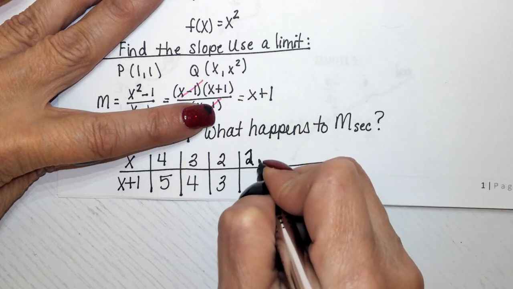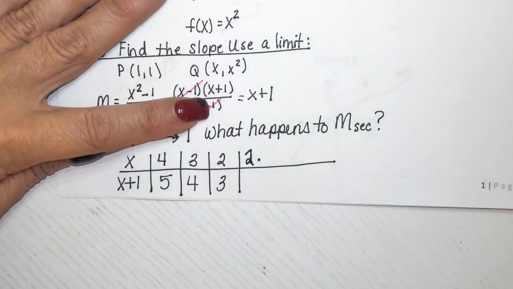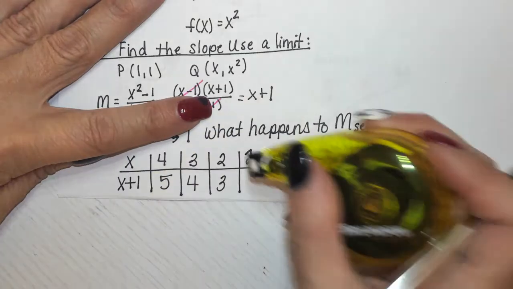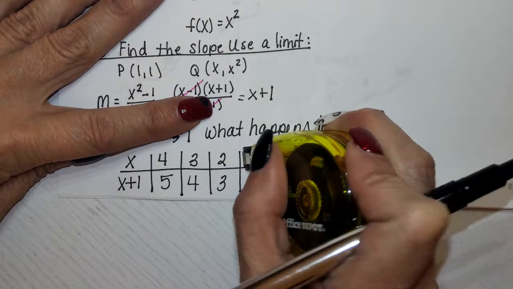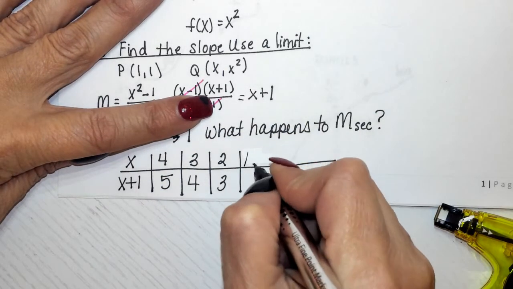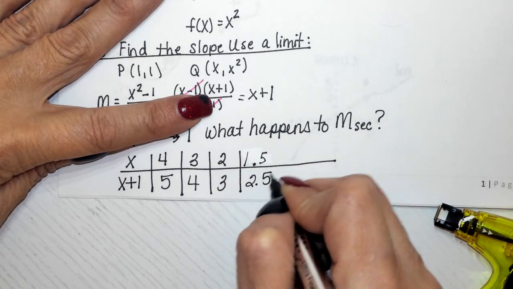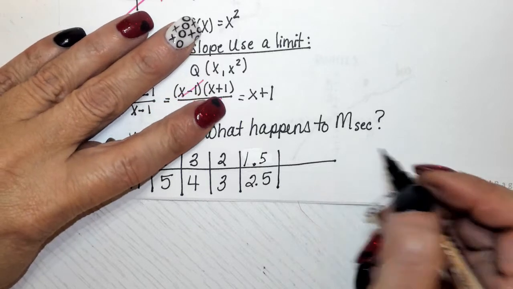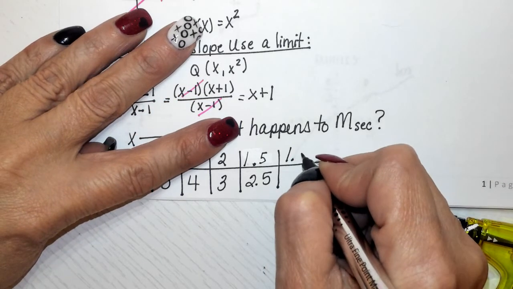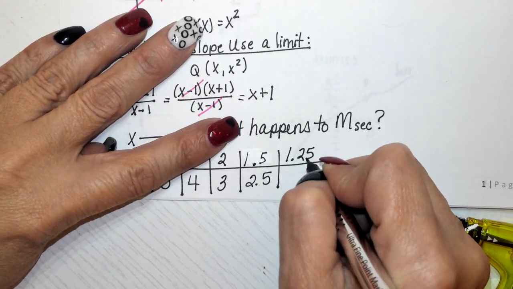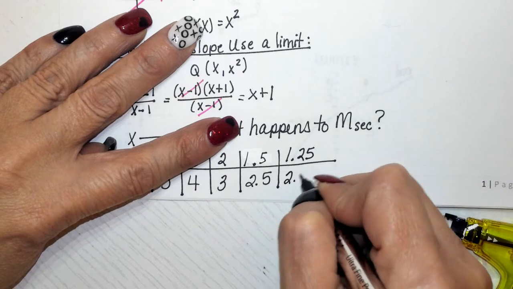How about 2, or not 2, I'm going the wrong way. How about 1.5? So that'd be 2.5. Still can't go to 1, so let's go to 1.25. So that'd be 2.25.